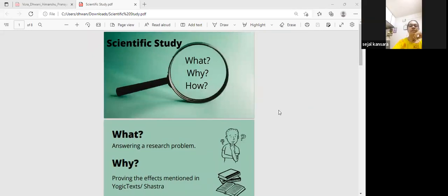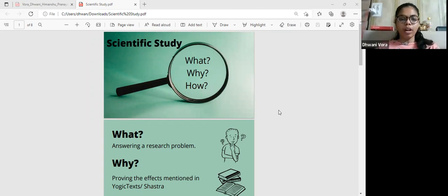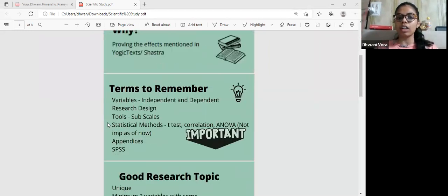All right. So what is a scientific study? It's basically an answer to a research problem or something that doesn't have a solution till now. So right now when we do research in yoga, it will be something that we'll be proving. We don't use the word prove actually, it's just in layman language, I'm telling you that we'll be proving what is there in our Shastra, the yogic texts.